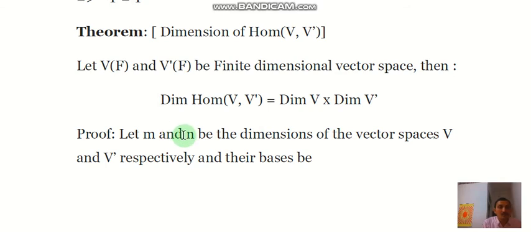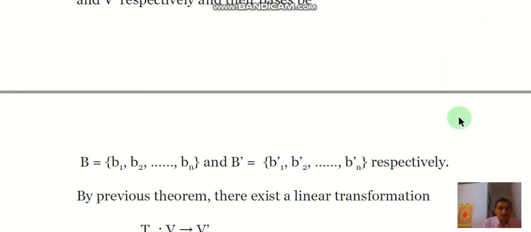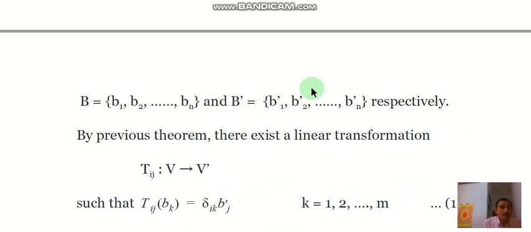Let m and n be the dimensions of the vector spaces V and V' respectively. Their bases are as follows: B = {B1, B2, and so on up to Bm}, and B' = {B1', B2', and so on up to Bn'}.